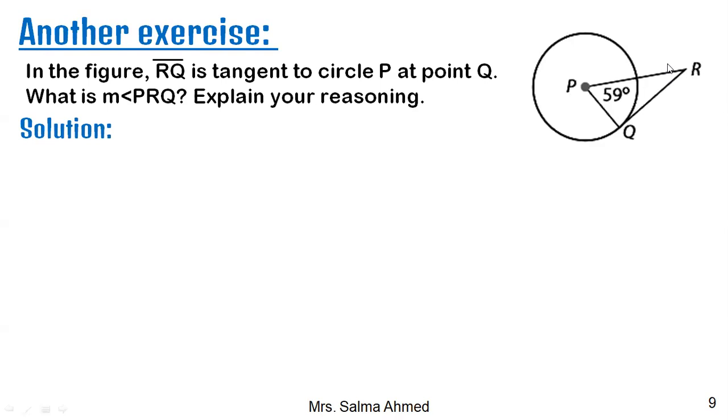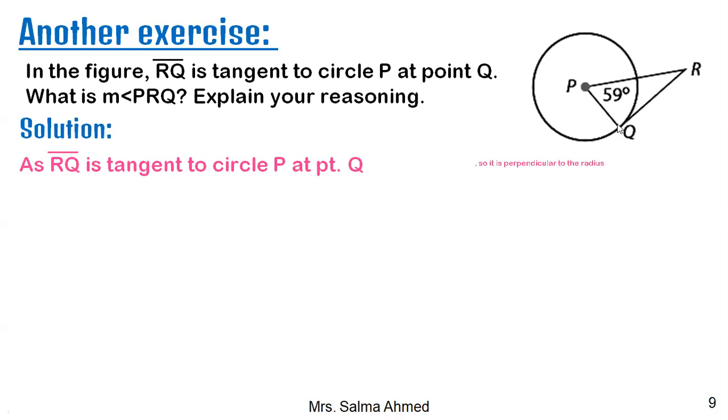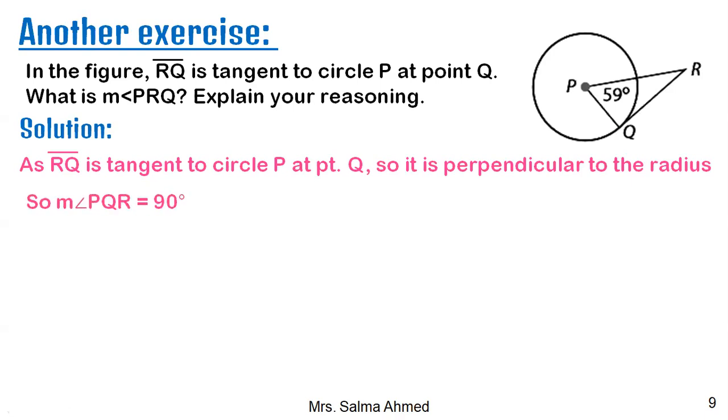As this is a tangent and this is a radius, it will be perpendicular to each other. So RQ will be perpendicular to the radius, so the measure of angle PQR equals 90.